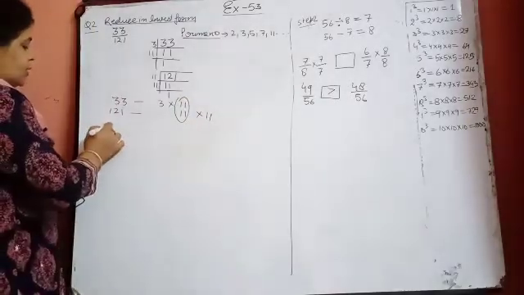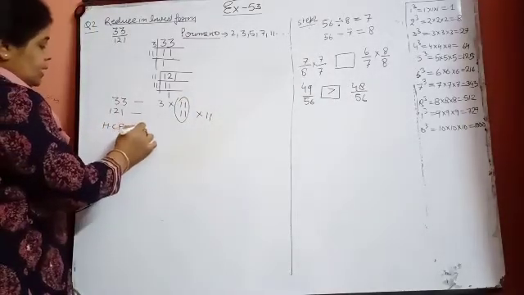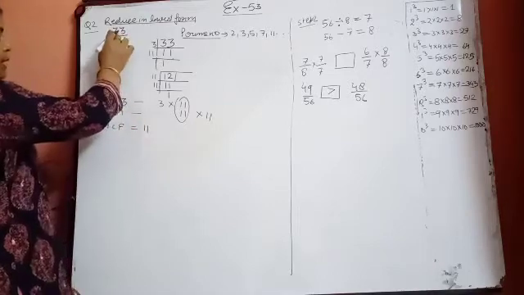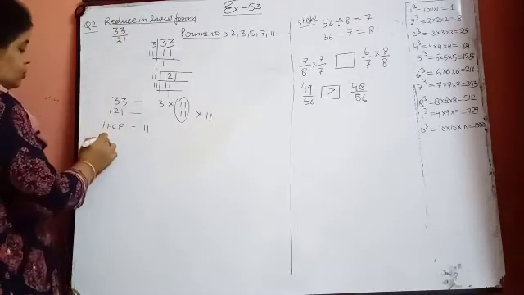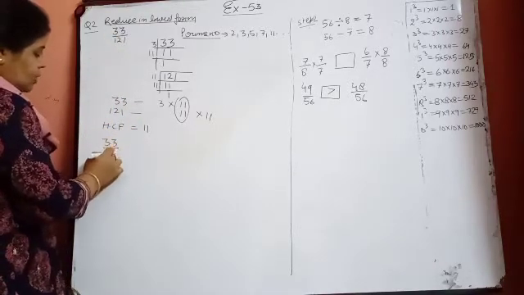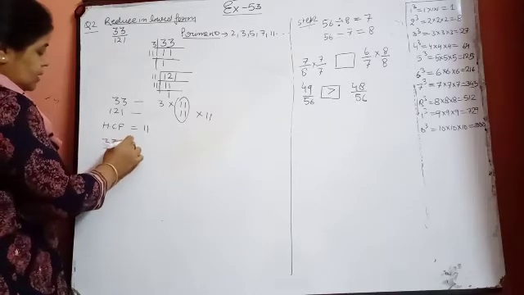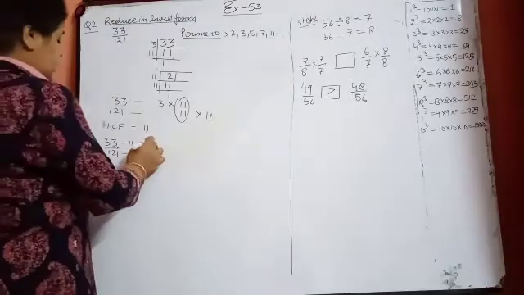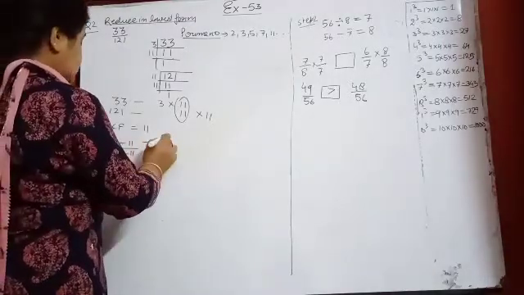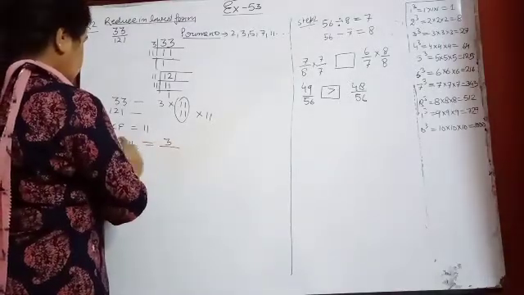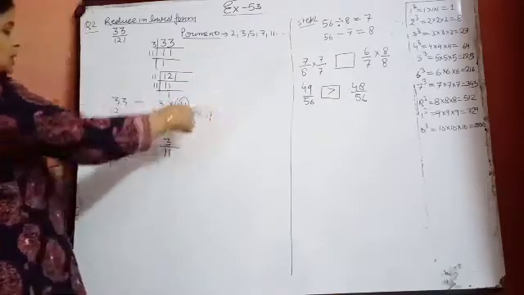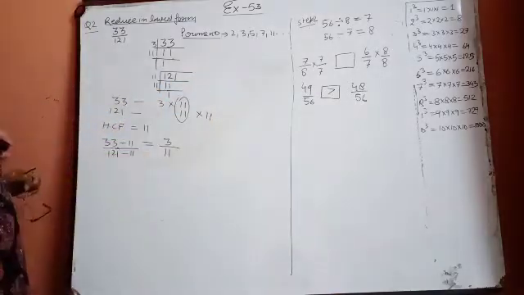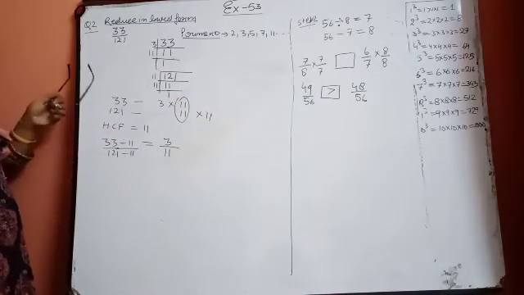So what will be your SCF? SCF will be 11. So for converting it to the lowest form, what will you do? Divide 33 upon 121 by 11, by the SCF. So what will come? 11 threes are 33, 11 elevens are 121, or otherwise you can make the division on the right hand side of your copy. See how simple it is.